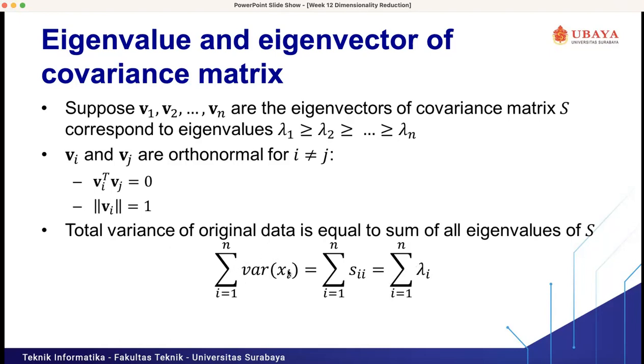But the var Xi, Sii, and lambda i are not the same individually. The variance of Xi, the covariance matrix entry Sii and lambda i are different, but if we sum all of the values, it will be the same. Okay.